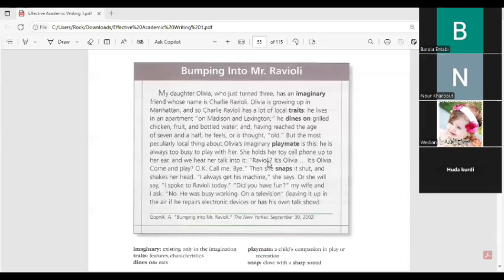Ravioli, it is her speech on the cell phone. It's Olivia. Come and play. Okay, call me. Then she snaps it shut. Snaps means when you close something with a sharp sound, because she's angry, maybe, or nervous, and shakes her head. I always get his machine, she says, or she will say, I spoke to Ravioli today.